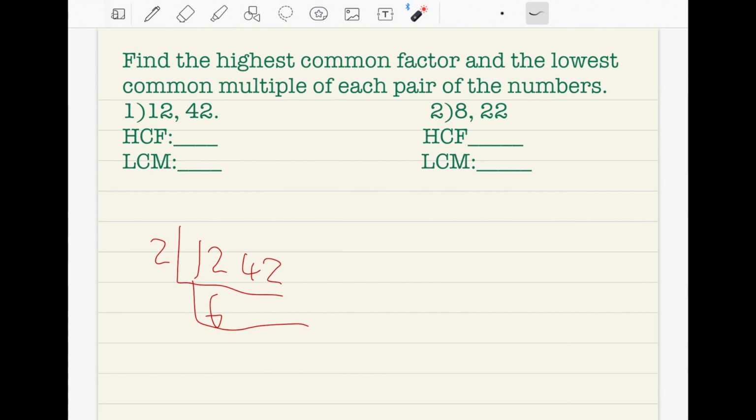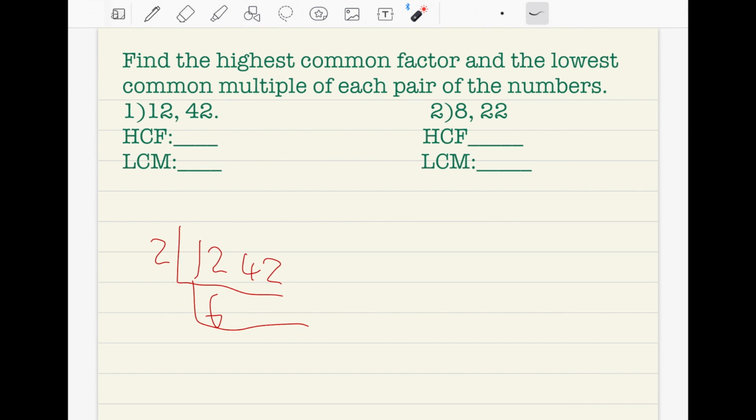So the H of highest, it is the first stroke is a line, and remember that a line is, pretend 3 is over here, so a line, and then we have to times these two together, and that is the highest common factor. And the L, it's like that, so L. How about 3?